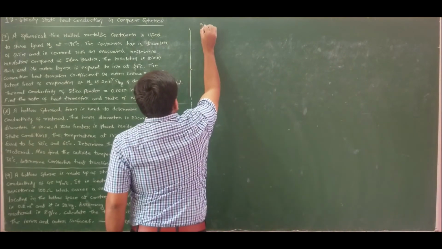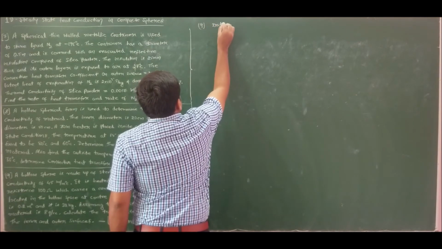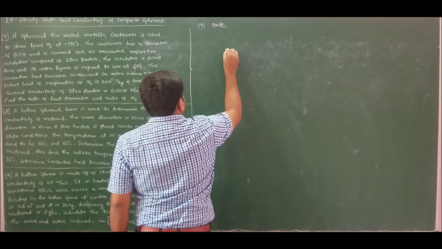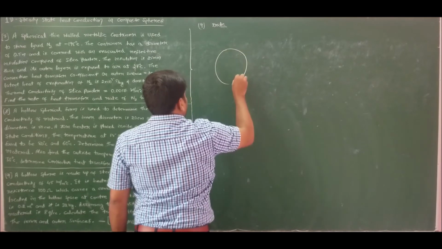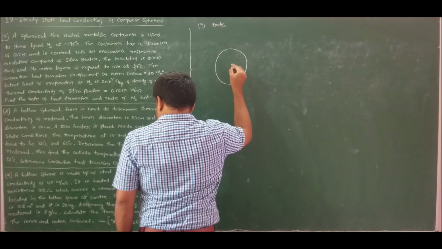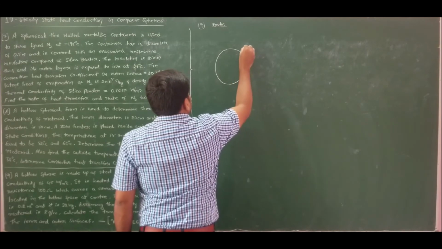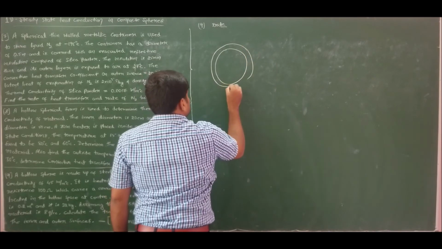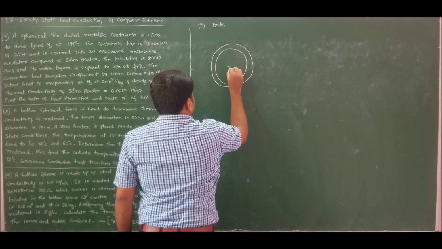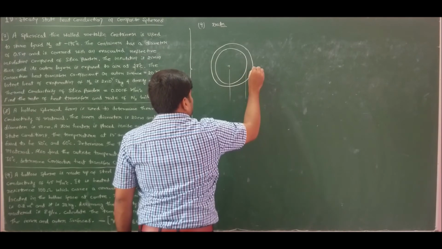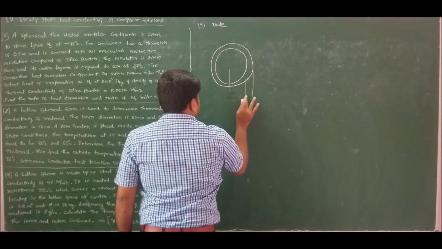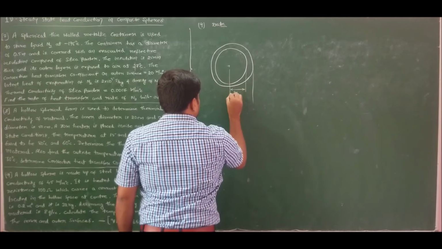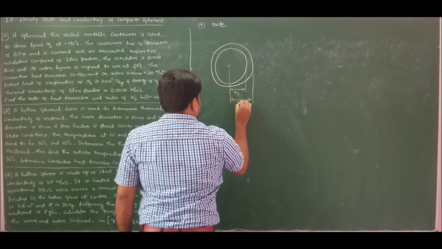If we list out the data given for problem number 9, we have a hollow sphere which has thermal conductivity. Let us take the thickness of the sphere as t. Now if I mark the radius, we have the radii R1 and R2.